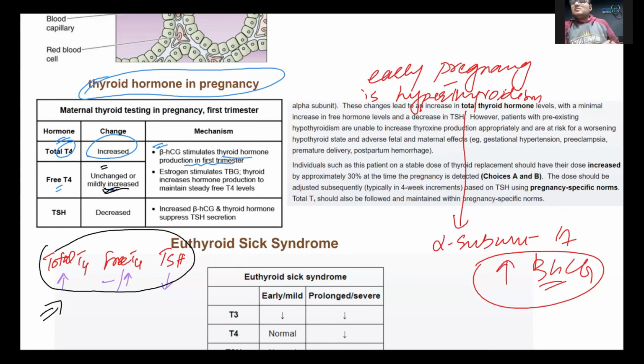At the other end, the alpha activity of beta HCG increases hormone production. So they balance, and that is why sometimes there is no change in free T4. But sometimes the alpha effect of beta HCG is superior to the TBG effect of estrogen. Is that clear now?